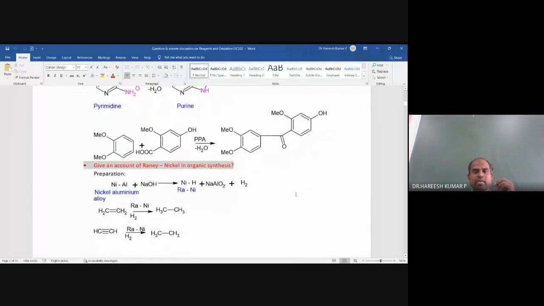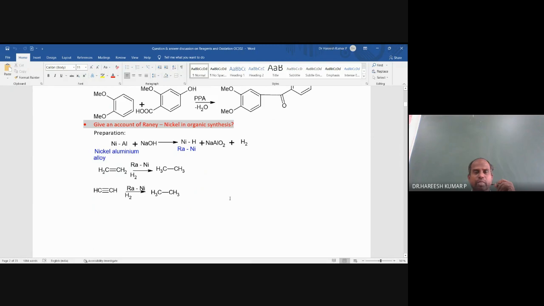Similarly, one can frame a question like give an account of Raney nickel in organic synthesis. Give an account of Raney nickel in organic synthesis. But here, the preparation, how the Raney nickel is obtained. So this Ni-H2 is called Raney nickel.